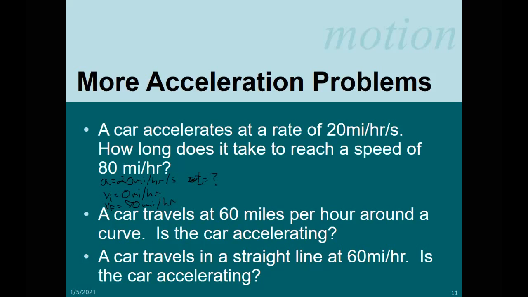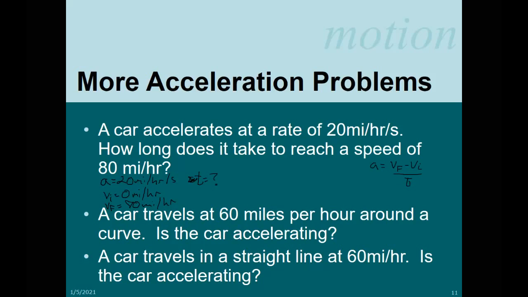Okay. So when we set this up, we still have the same equation. We've got A equals VF minus VI over T. In this case, we don't know T, so that's what we're trying to solve.